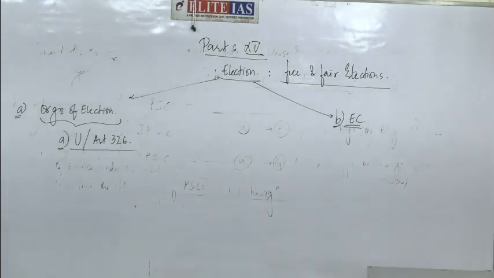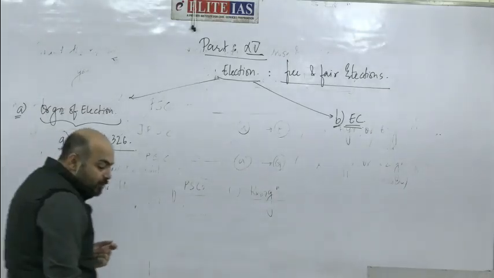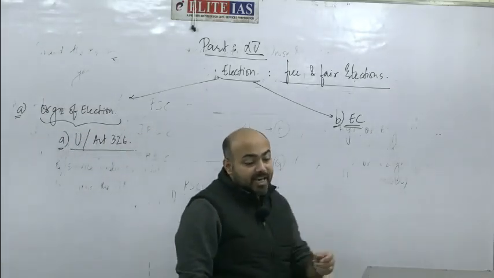The term adult, after the 61st constitutional amendment, means any individual who has attained the age of 18 years.